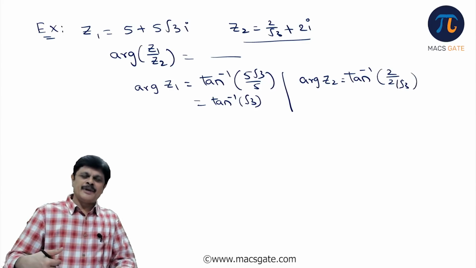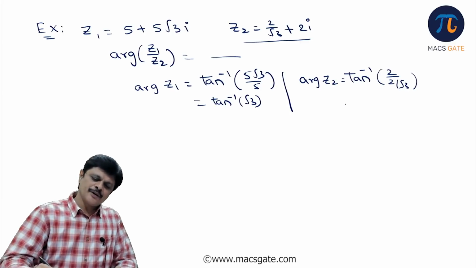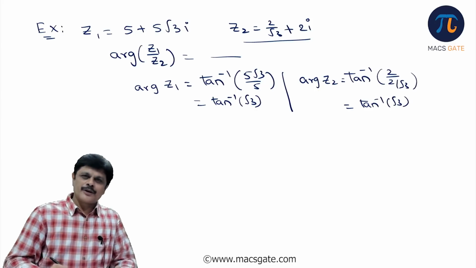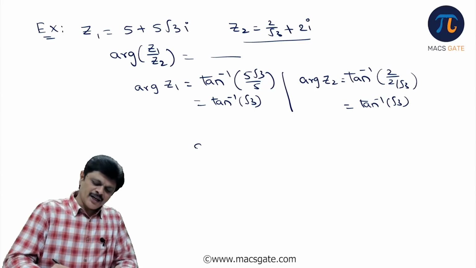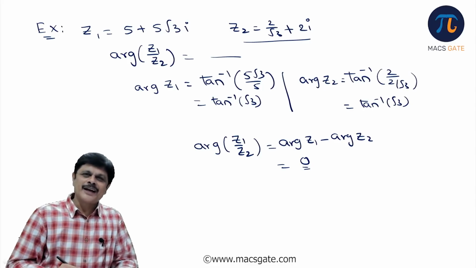A by B by C means C will go to the numerator. These two cancel and you get again tan inverse root 3. Now what is argument of Z1 by Z2? This is nothing but argument of Z1 minus argument of Z2. Both are same, na? So the answer is 0. So directly you get the required answer.